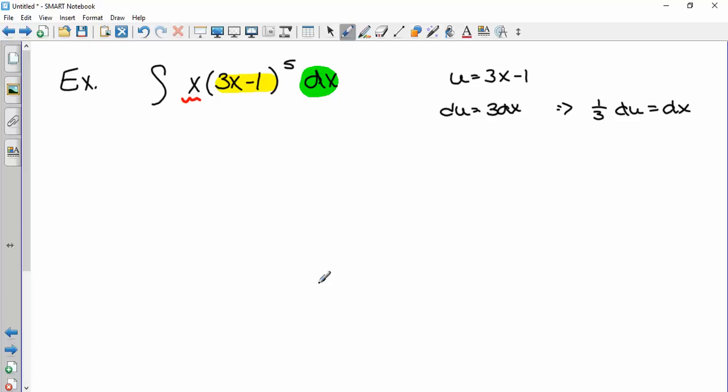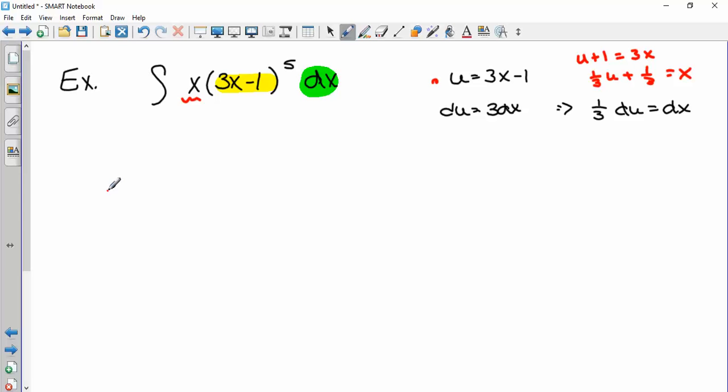Solve for x. Okay, you have an equation with the u right here. Could I solve for x right there? So if I did that, I would get u plus 1 equals 3x. So if we divide by 3, that's 1/3 u plus 1/3 equals x.